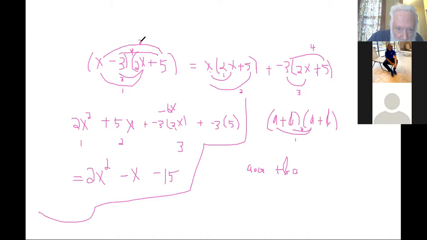So this b is my third one. I'll just do that one. It doesn't have to be that one, but let's say it is. So that's going to be b times a, or a times b, sorry. It's the same thing. And then what haven't I done yet? B times b.